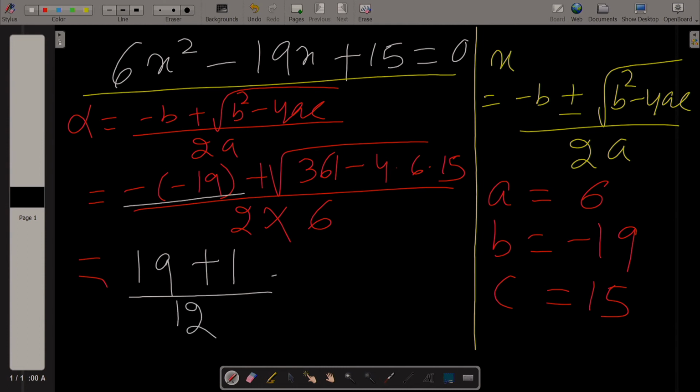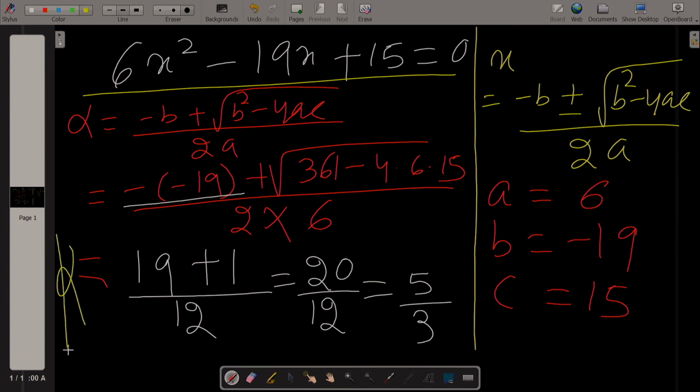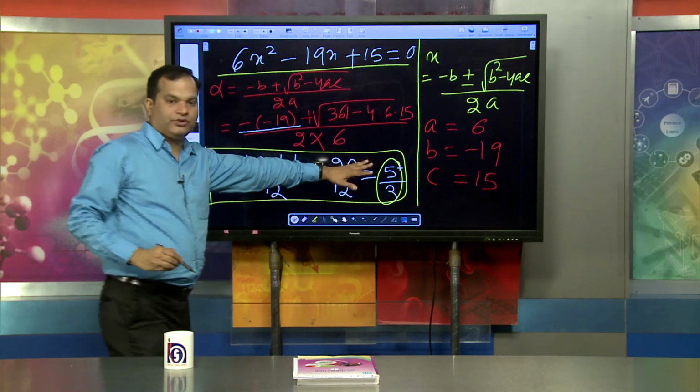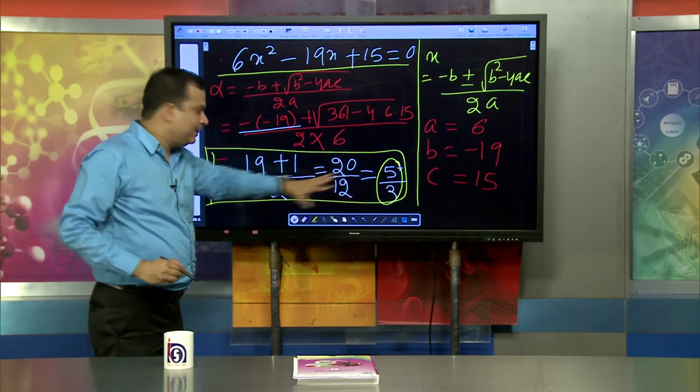That means 20 by 12. When we simplify, we get 5 by 3. So the value of alpha becomes 5 by 3. That is one of the solutions, alpha.